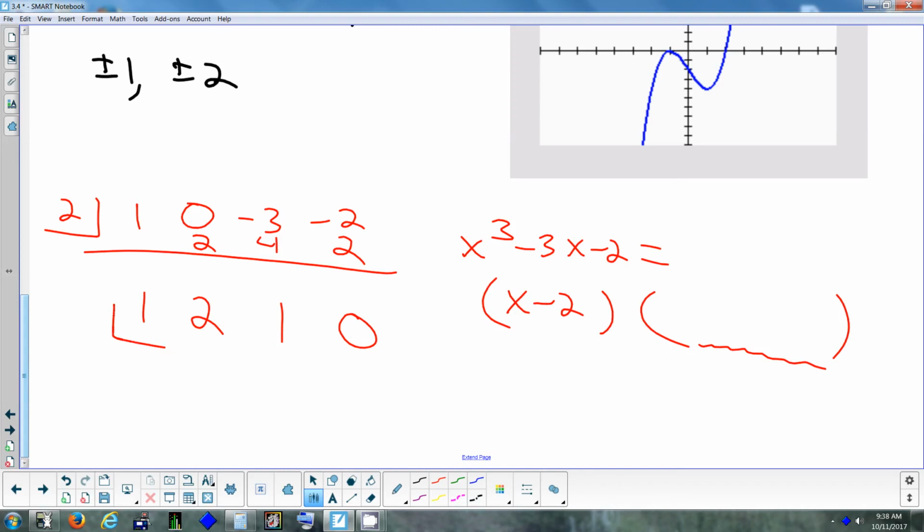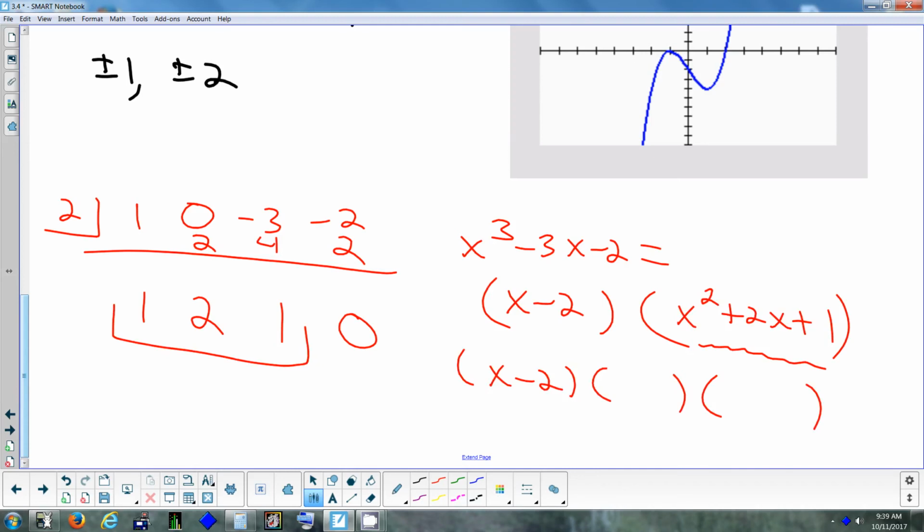So now I know my other factor after I divide by x minus 2. What's going to go in parentheses next to it? What's my quotient? Yep. X squared plus 2x plus 1. And I think we can factor that a little bit more.